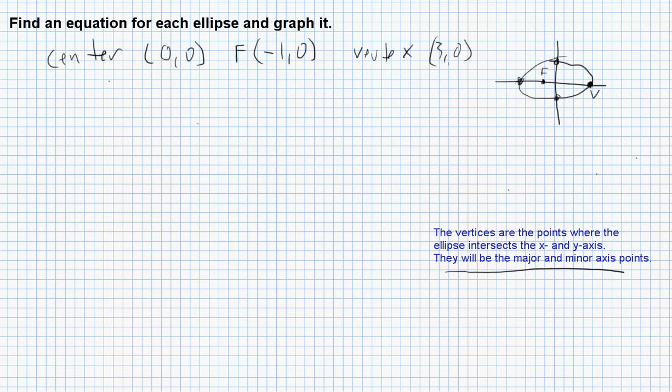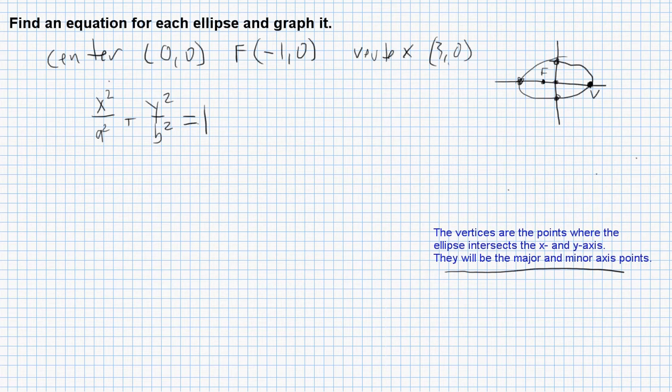That means this formula will apply: x squared over a squared plus y squared over b squared is equal to 1. That's the formula for a horizontal ellipse whose center point is at the origin.